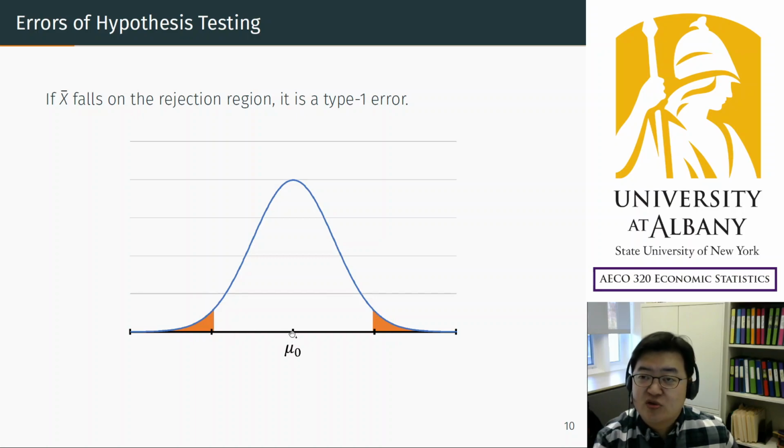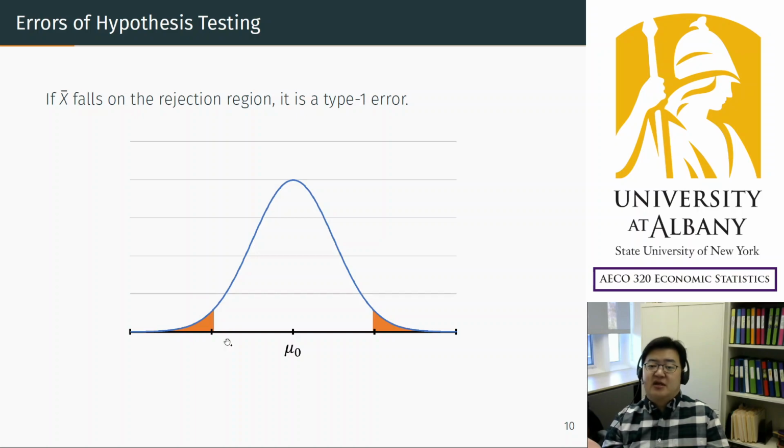Still, the observation could be realized according to this distribution. If by chance the observation lands in the rejection region, then you have to reject the null hypothesis.